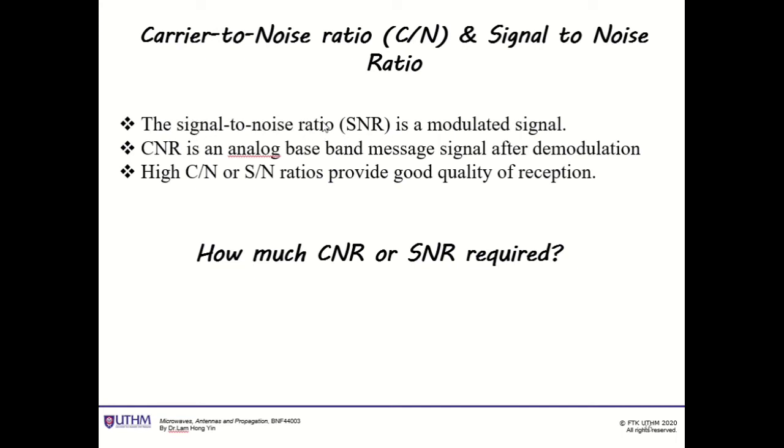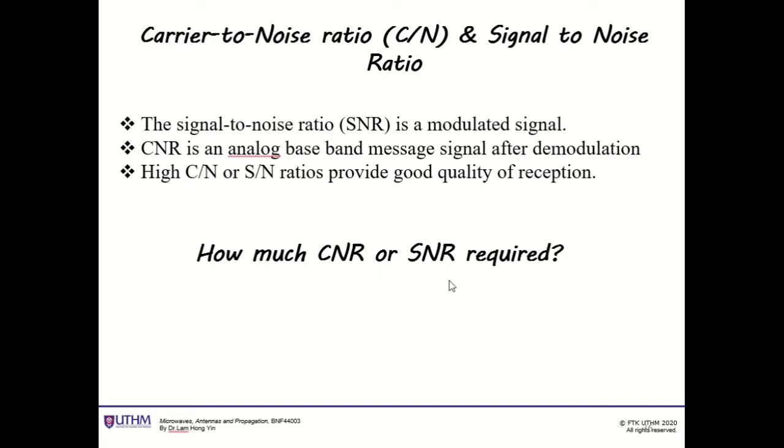The signal to noise ratio, SNR, is for a modulated signal, while CNR is for an analog baseband signal after demodulation. So a higher C over N, CNR or SNR provides good quality of reception.